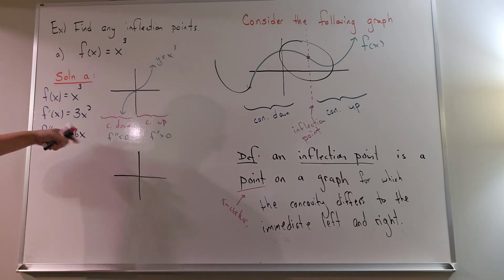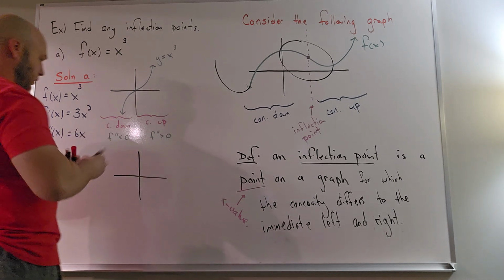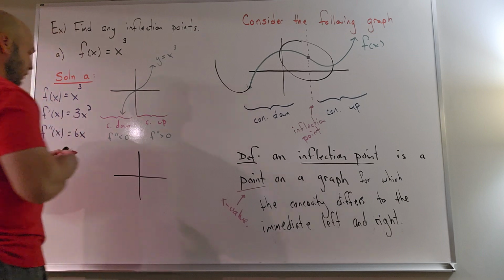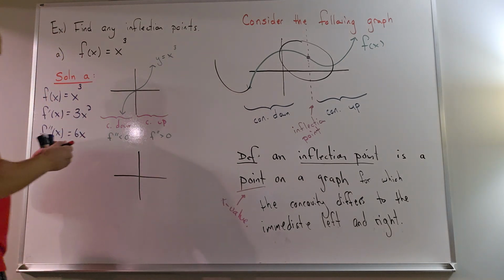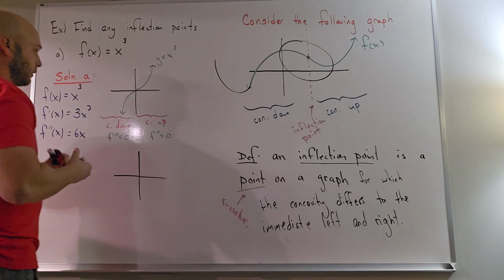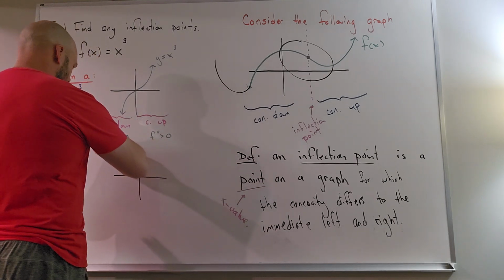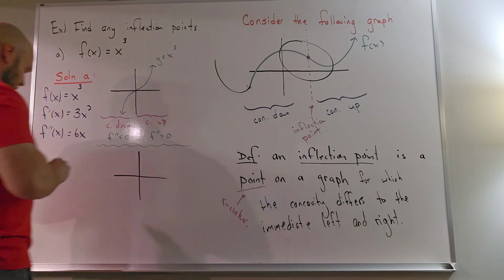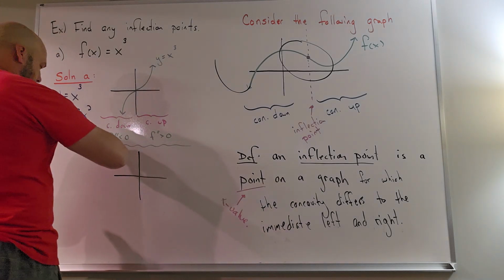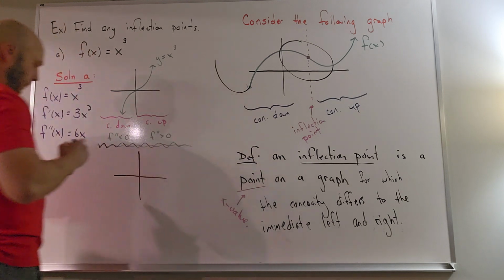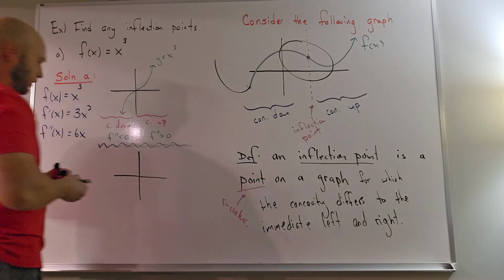Well, the graph of 6x, which we'll do down here, I'll do it in the same color. Let's distinguish between these. This down here would be the graph of the second derivative.